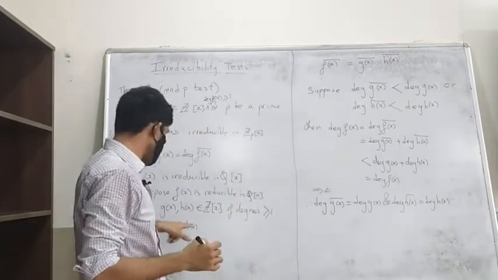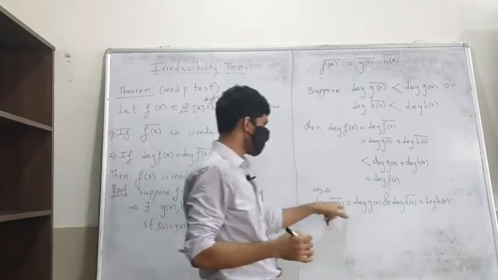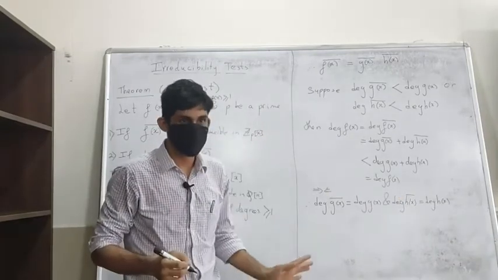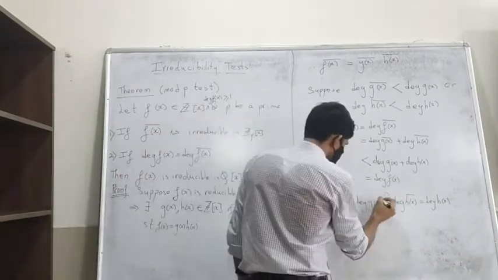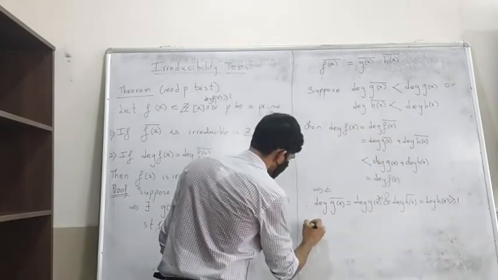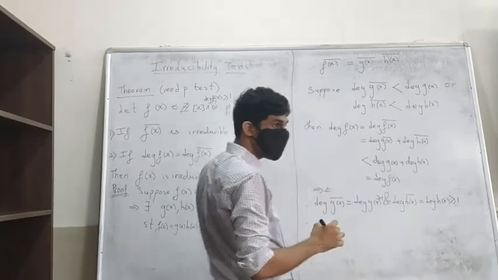But both these degrees are greater than or equal to 1. So hence these degrees are also greater than or equal to 1, which means they are non-units, because these degrees are greater than or equal to 1.